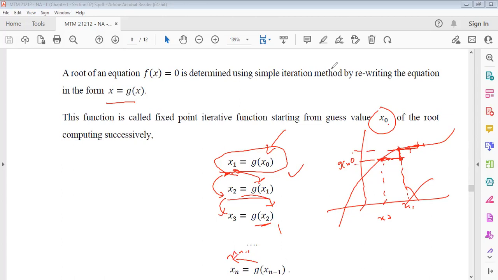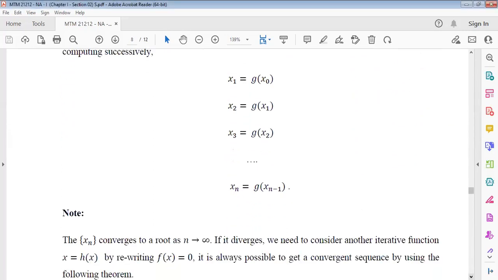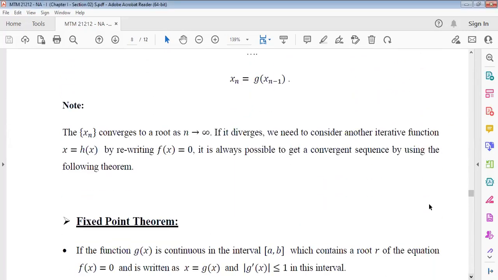Then let's continue this part. You can't continue up to somewhere endlessly, no. They may give you some modulus value less than epsilon, or they may ask you to do 3 iterations, or they may give some conditions to stop, isn't it? We can see when we do the exams.